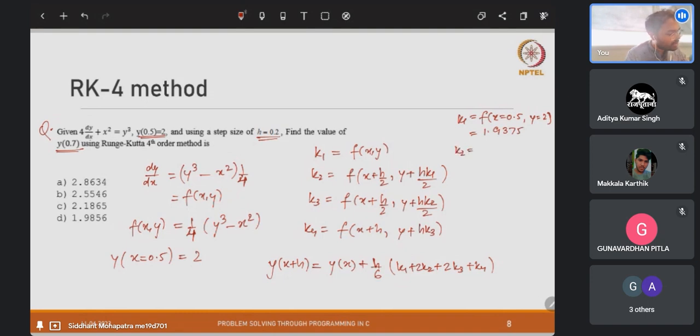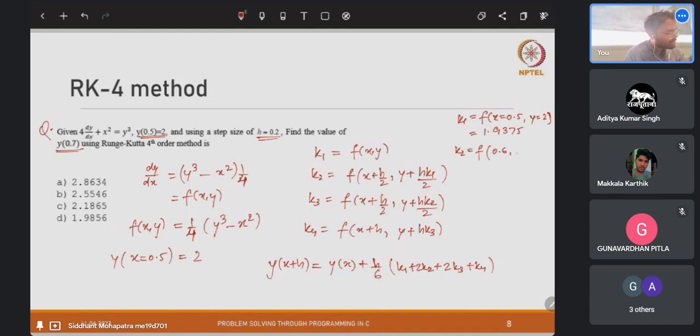Then we calculate k2. So f of x plus h by 2. x is 0.5, h by 2 is 0.1, so we get 0.6, and y plus h k1 by 2.